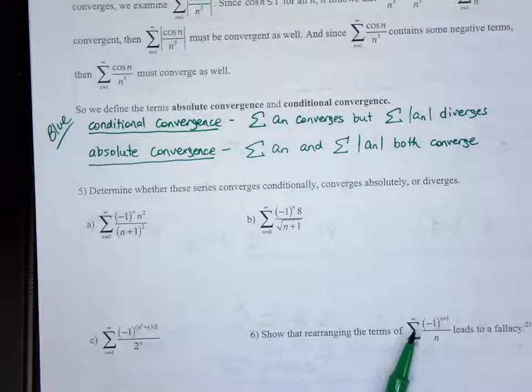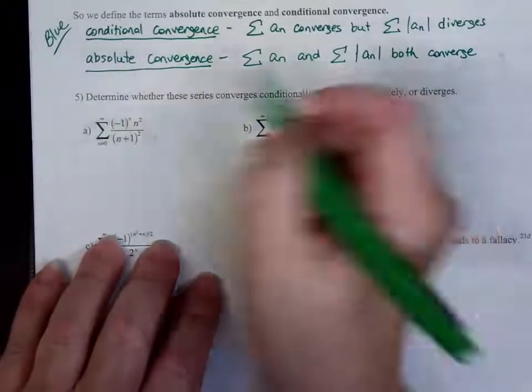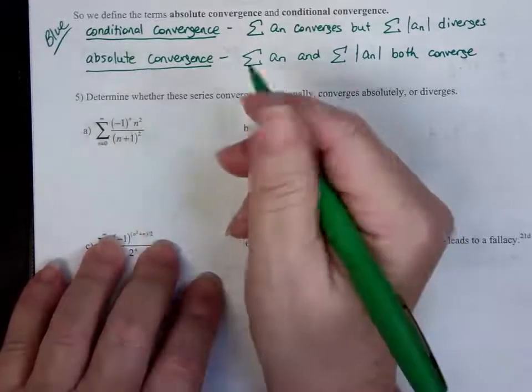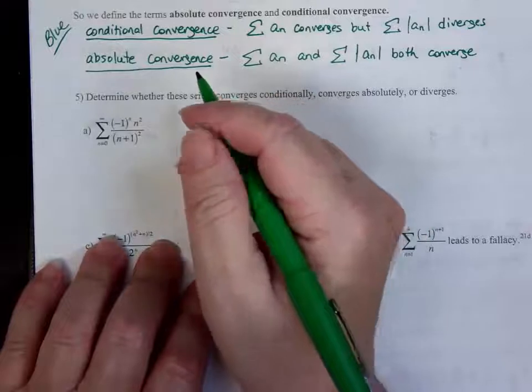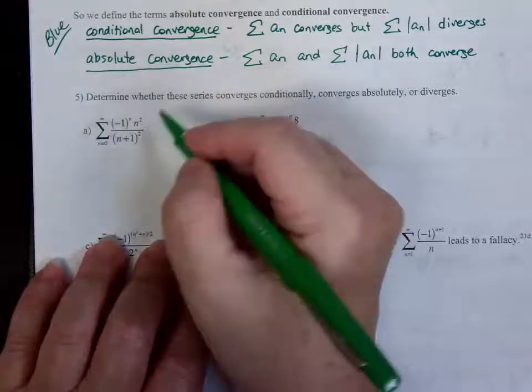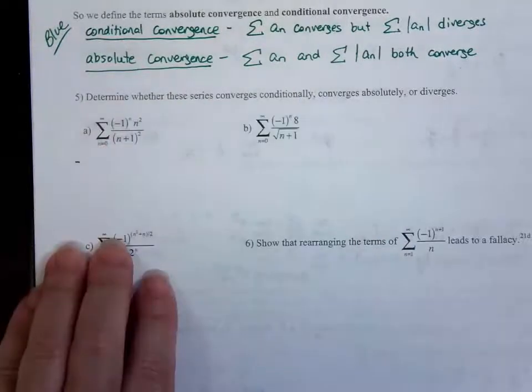Okay, so let's look at a couple of examples of this. This one, definitely alternating because it's got the negative 1 in there. Agreed? Okay, flip back to the front of your paper and tell me, does this one start negative or start positive? This one starts negative, okay? Now, this is going to be negative, positive, negative, positive.